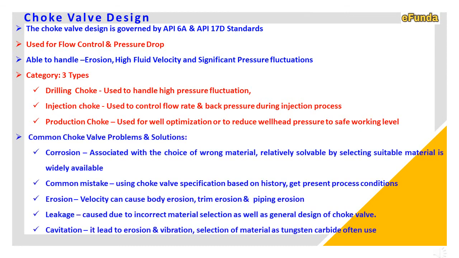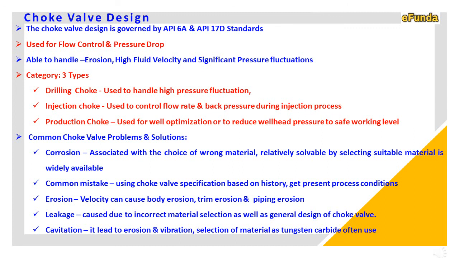Common choke valve problems and their solutions. Corrosion is associated with the choice of wrong material, relatively solvable by selecting suitable material which is widely available. A common mistake is using choke valve specification based on history; better get present process conditions.